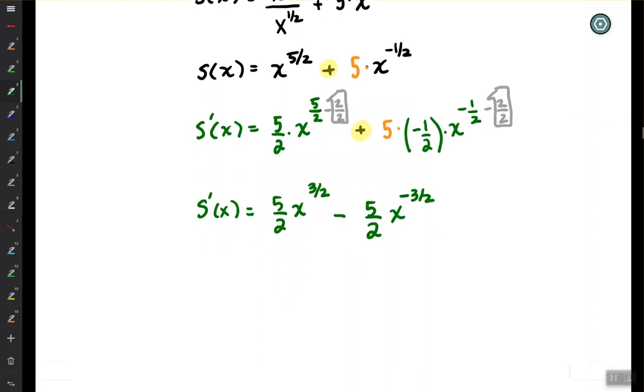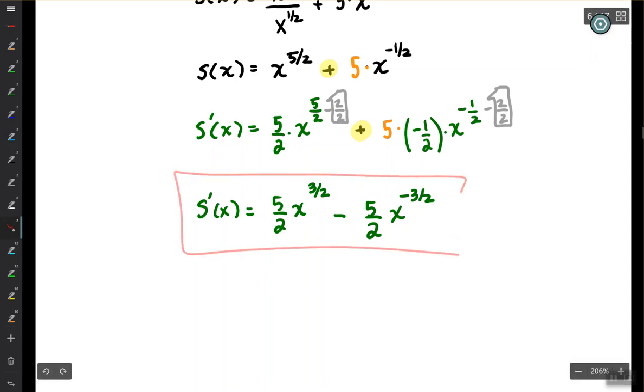You can do a variety of things here. You could choose to factor out your 5 halves. I think I'm just going to get rid of the negative exponents and the fractional exponents, but there's a variety of ways you could clean this algebra up.